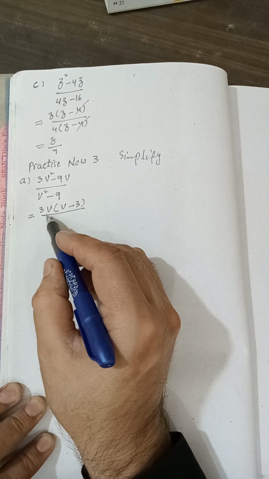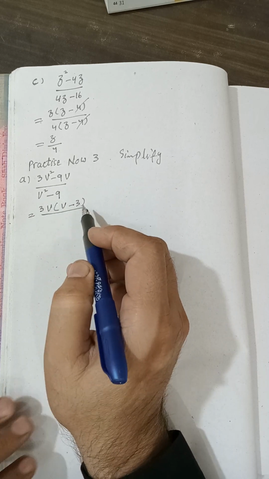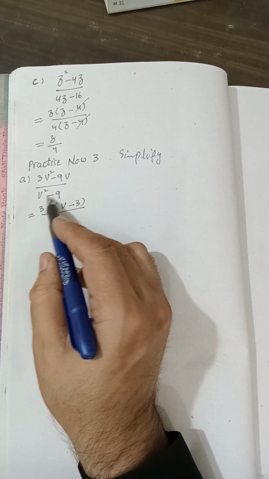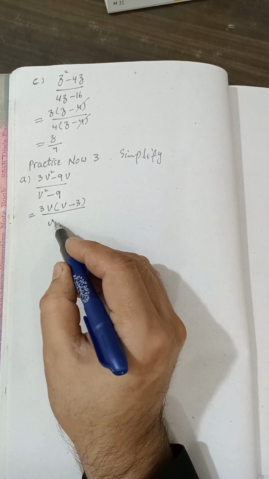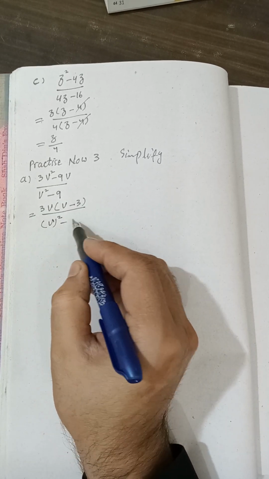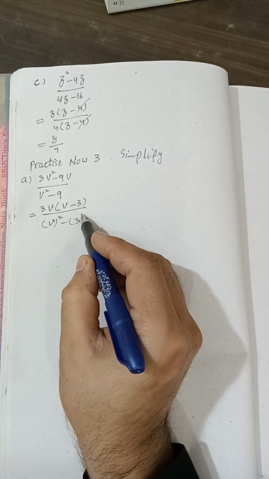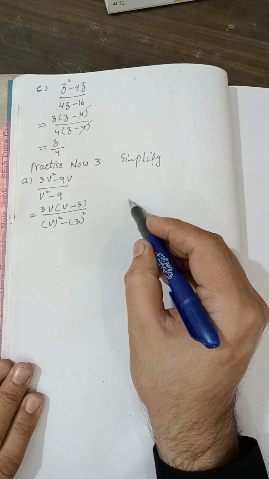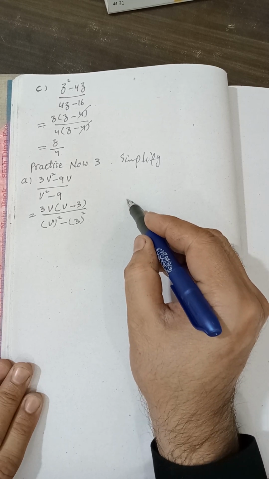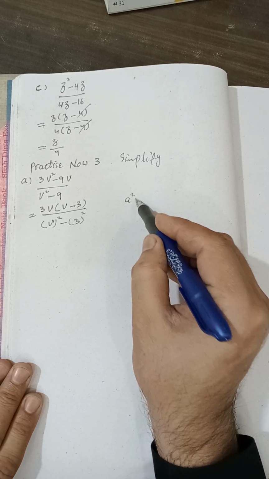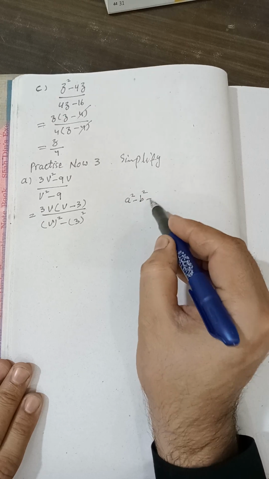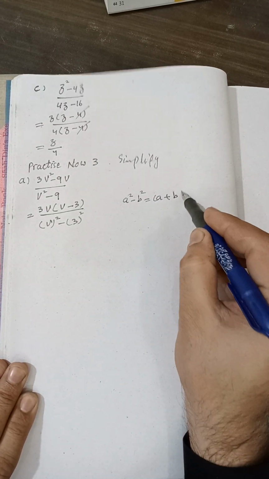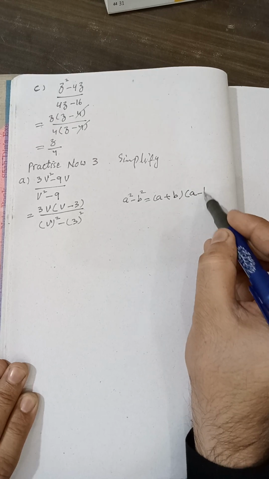Then in the denominator you can apply the formula, that is v square minus 9. You can make it a square minus b square, because 9 is the square of 3. You know the formula a square minus b square, this identity means a plus b and a minus b.